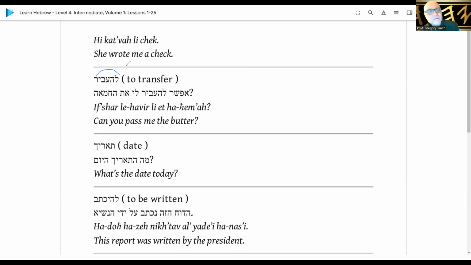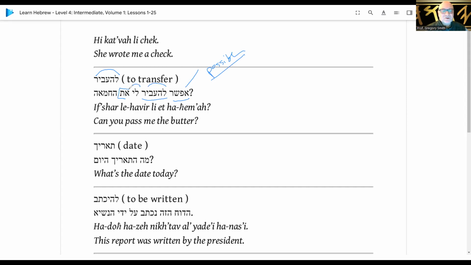Okay, so we have efshar lehavir. Okay, so efshar, I think, אפשר. Yeah, efshar has to do with possible. Okay, so possible to transfer to me.